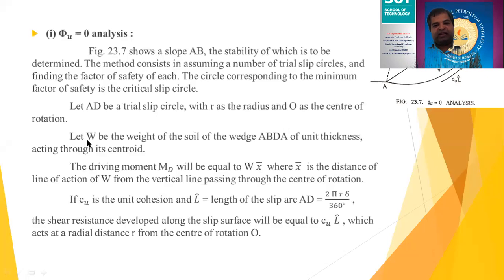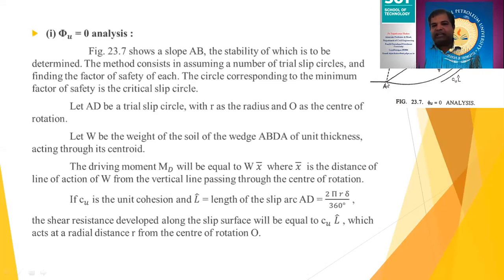Now, once you form this particular trial slip, let W be the weight of soil of wedge ABDA of unit thickness acting through the centroid.